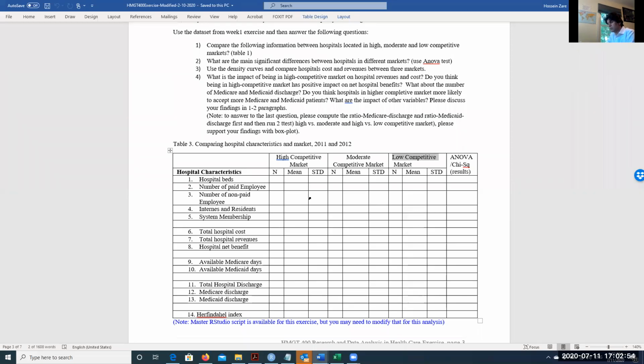You can use the COUNTIFS command for the N, the AVERAGEIFS command for the mean, and STDEV.S for the standard deviation. So the question is how to compute ANOVA using Excel.